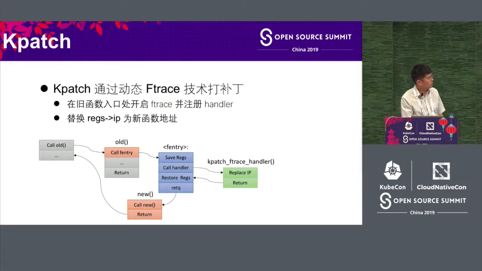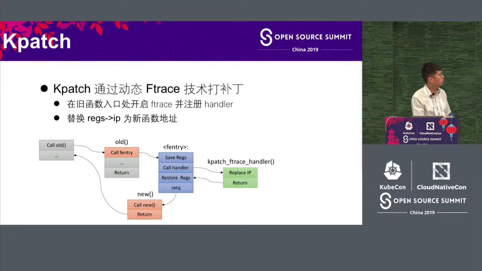The logic behind it is that we save some of the stack information at the entry of the function, and then we have a registered handler to change the location of the function. If we use the handler, it will directly run the new function, not the old one.